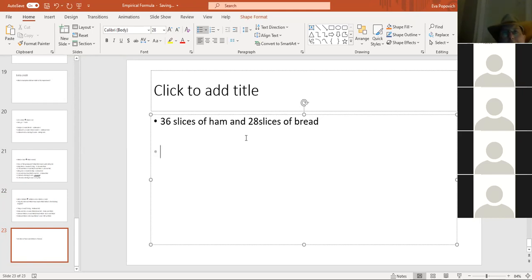Your chemical equation of this: you need 3 slices of ham and 2 slices of bread to make a sandwich.